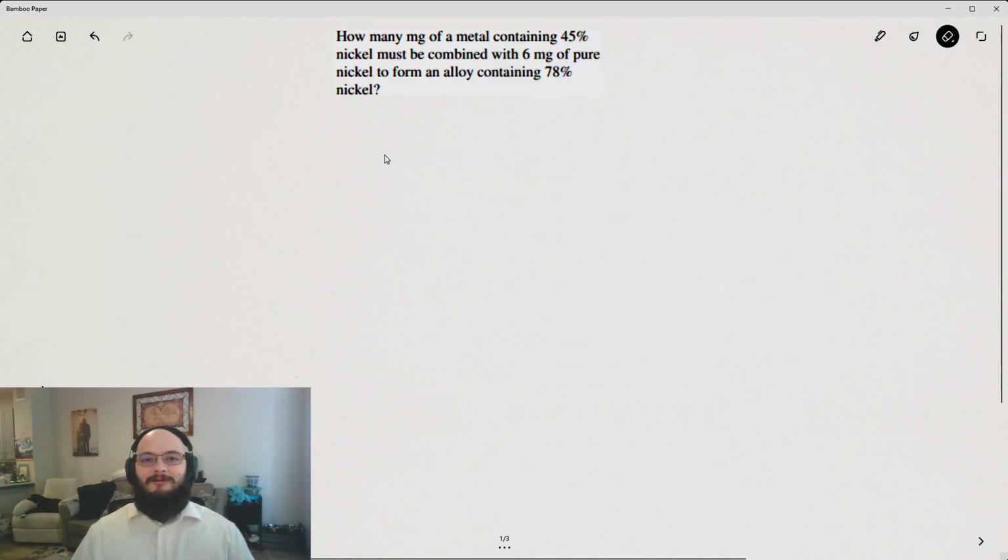All right. Our first problem: how many milligrams of metal containing 45% nickel must be combined with 6 milligrams of pure nickel to form an alloy containing 78% nickel? Let's see. We're going to look at what we have for our first part.